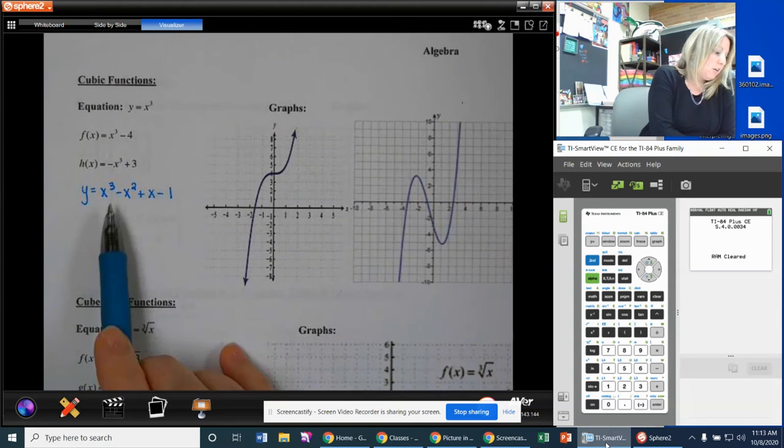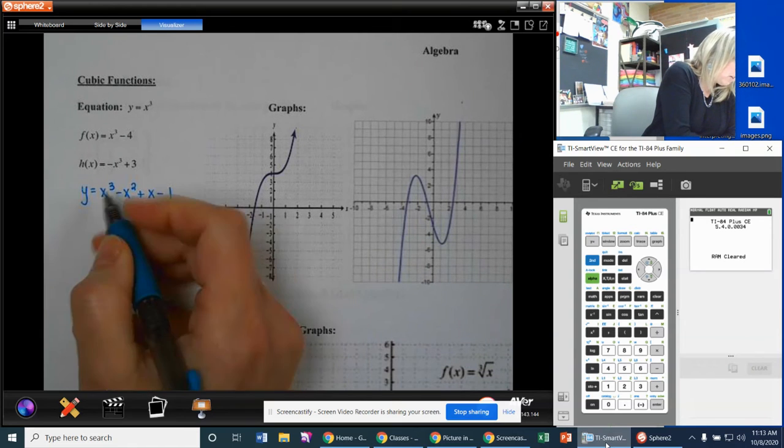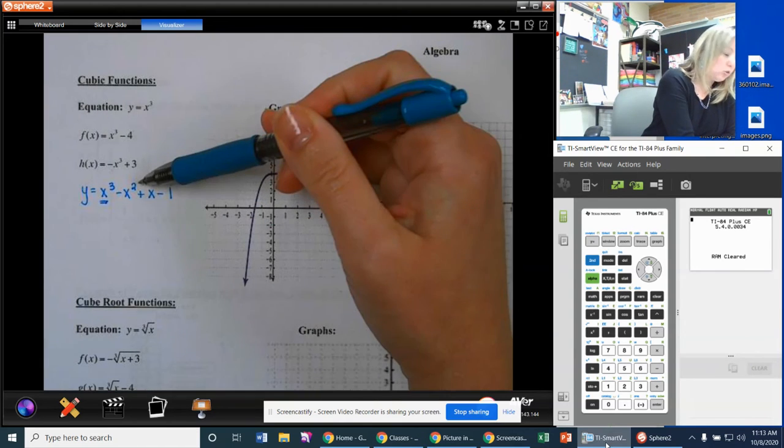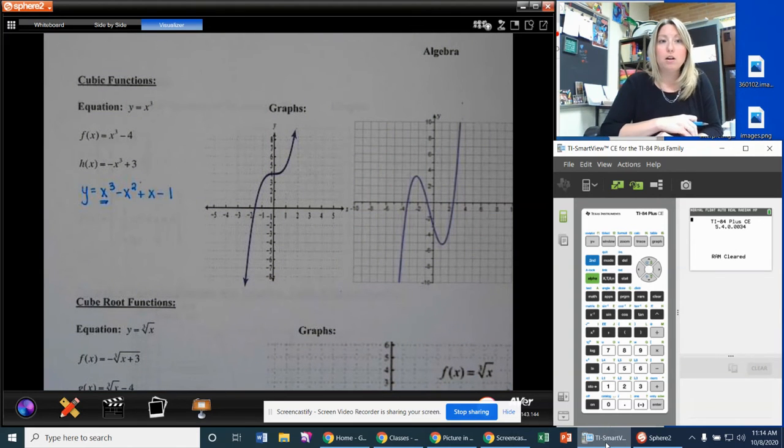And again, the highest present exponent is an x cubed. So notice this has to be a cubic function, even though there's an x squared that might make you think, oh, quadratic. Because the x cubed is present, you go with the cube, right? Because that is present, it's got to be a cubic function.